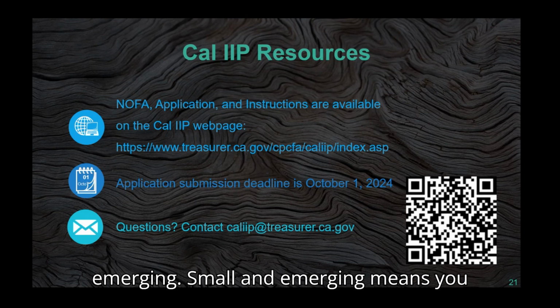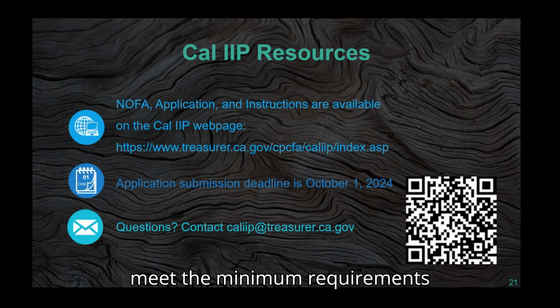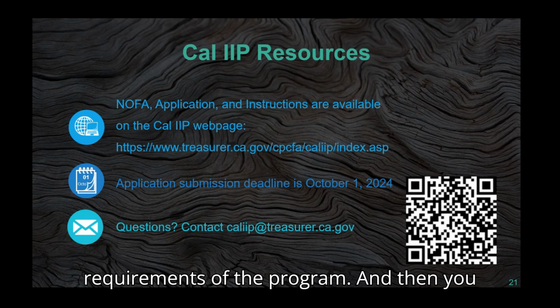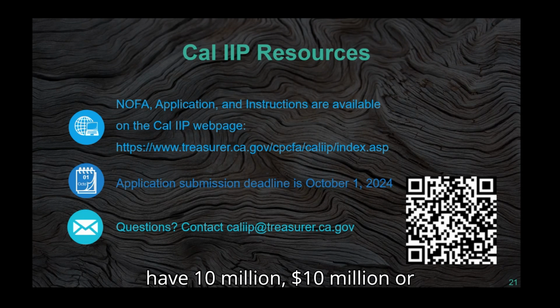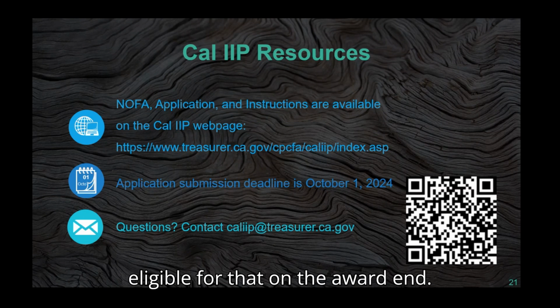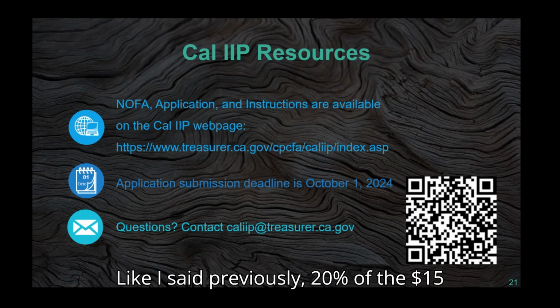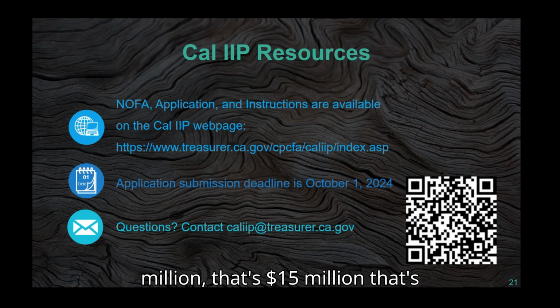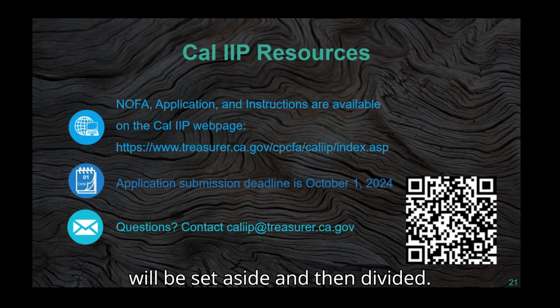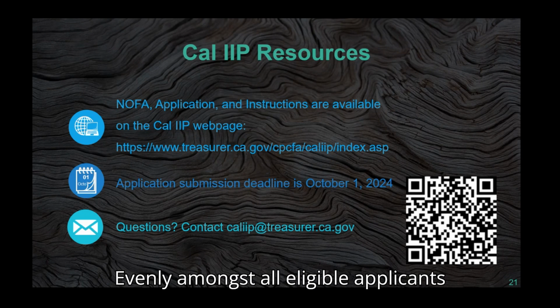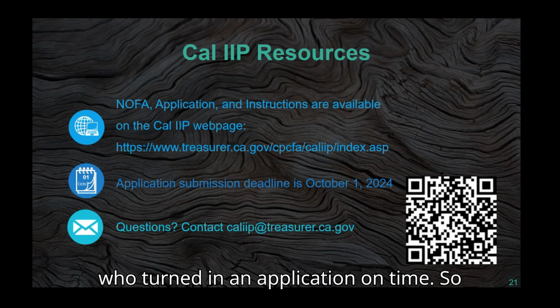Small and emerging means you meet the minimum requirements of the program, and then you have $10 million or less in total assets. So you'd be eligible for that. On the award end, like I said previously, 20% of the $15 million that's available for this year will be set aside and then divided evenly amongst all eligible applicants who turned in an application on time.